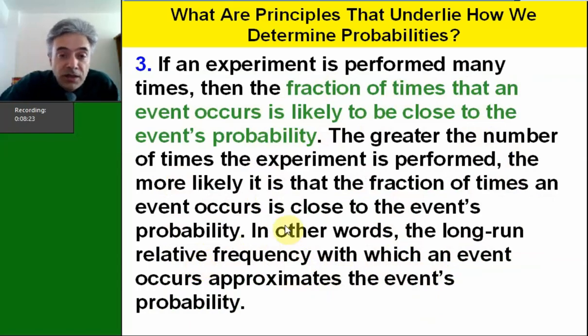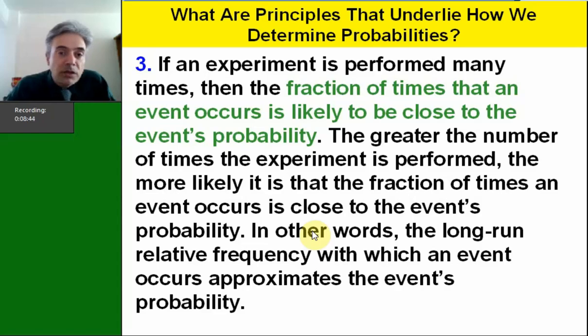So it's a lot of words here, maybe a little bit confusing, but remember, for example, when you toss a coin, let's say 10 times, right? Ideally, you should have 5 heads and 5 tails, right? But it's not guaranteed that's going to happen. And probably that's not going to happen, right? Maybe you're going to get 4 tails and 6 heads, right?